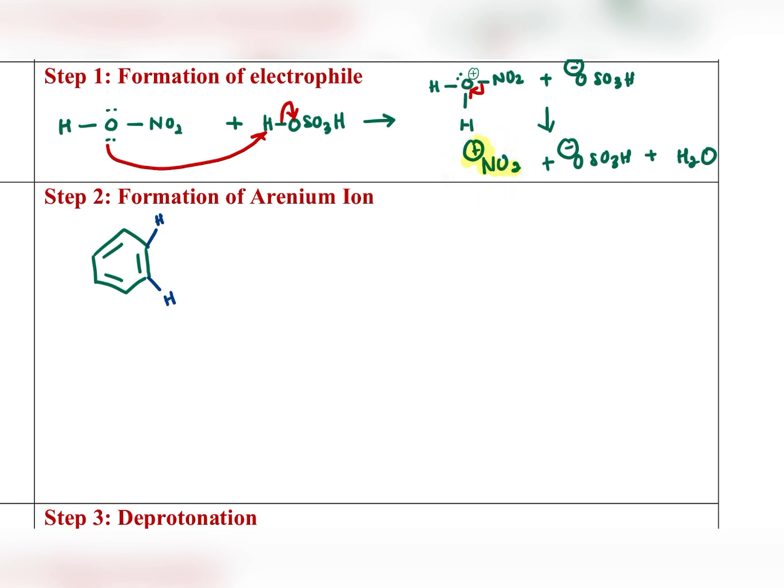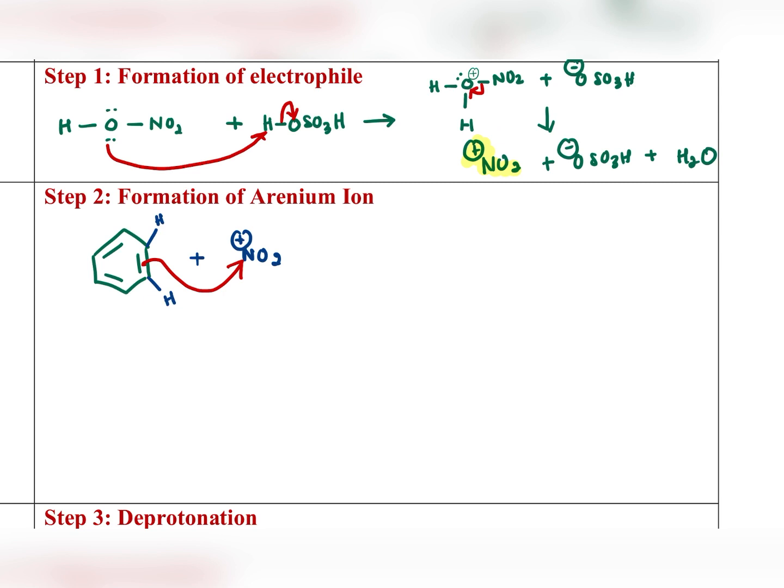So untuk this step, you can straight away reactkan NO2 plus. Okay, so siapa yang akan react? Of course, yang kaya dengan elektron yang akan attack the one ataupun the species with lack ataupun deficient electron.